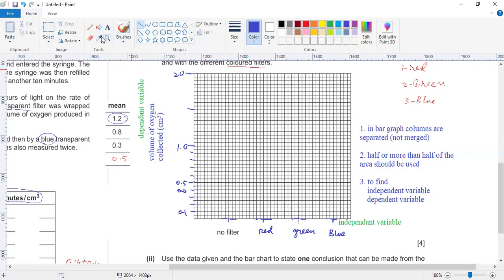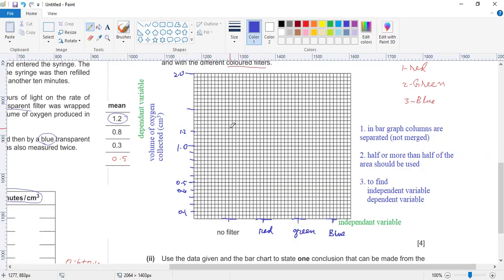So one is the 1.2. So 1.2 would be here.